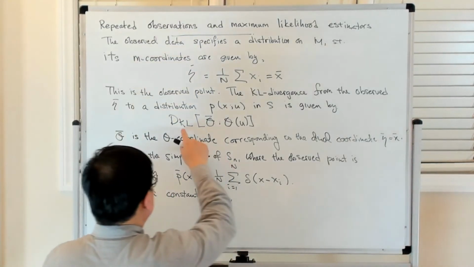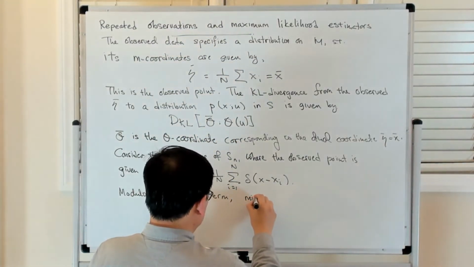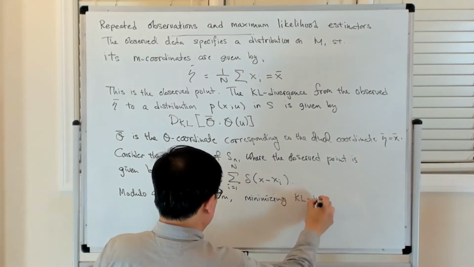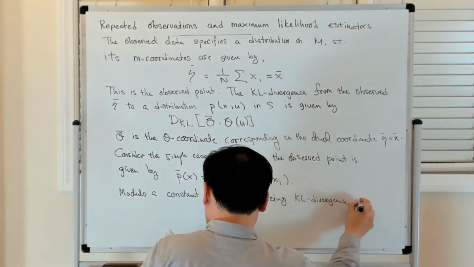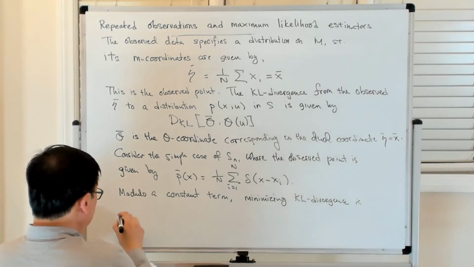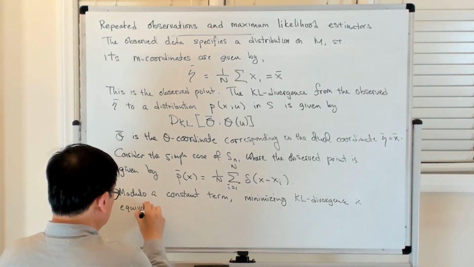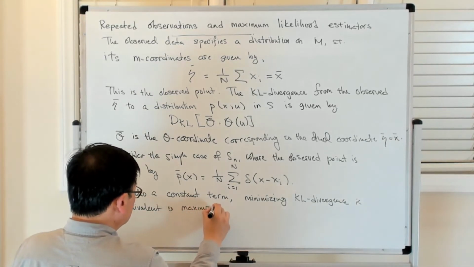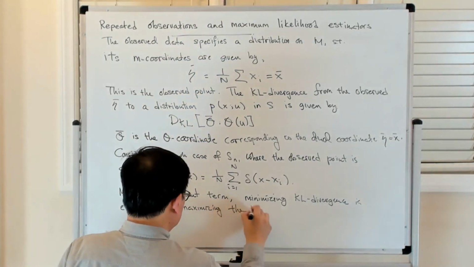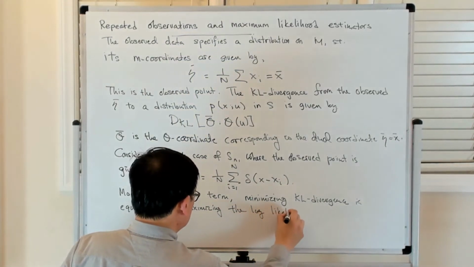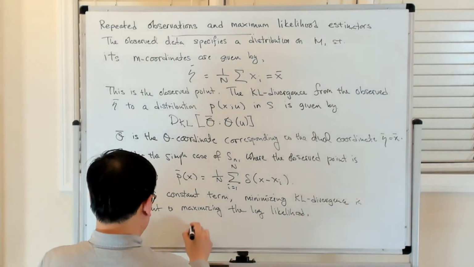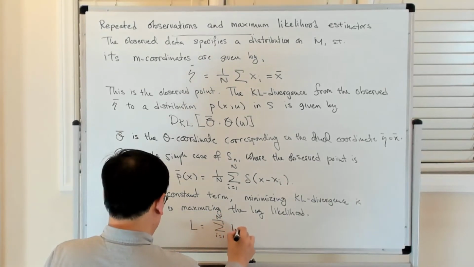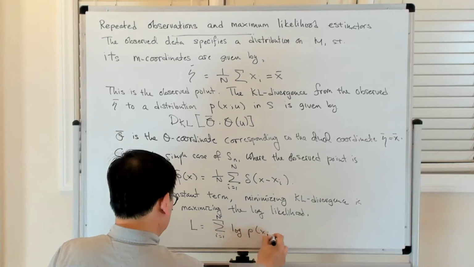minimizing this KL divergence is equivalent to maximizing the log likelihood, which is given by the sum from i equals 1 to n of log p(x_i, u).